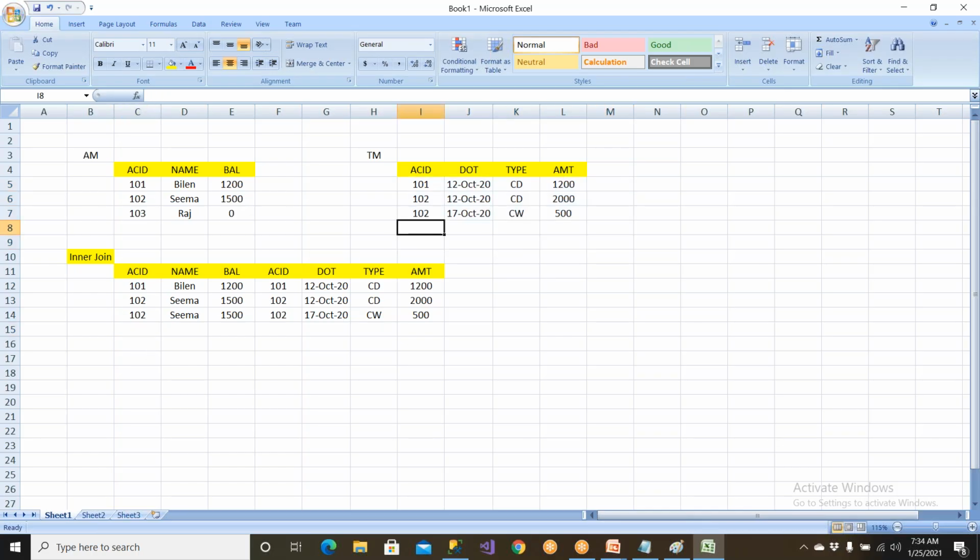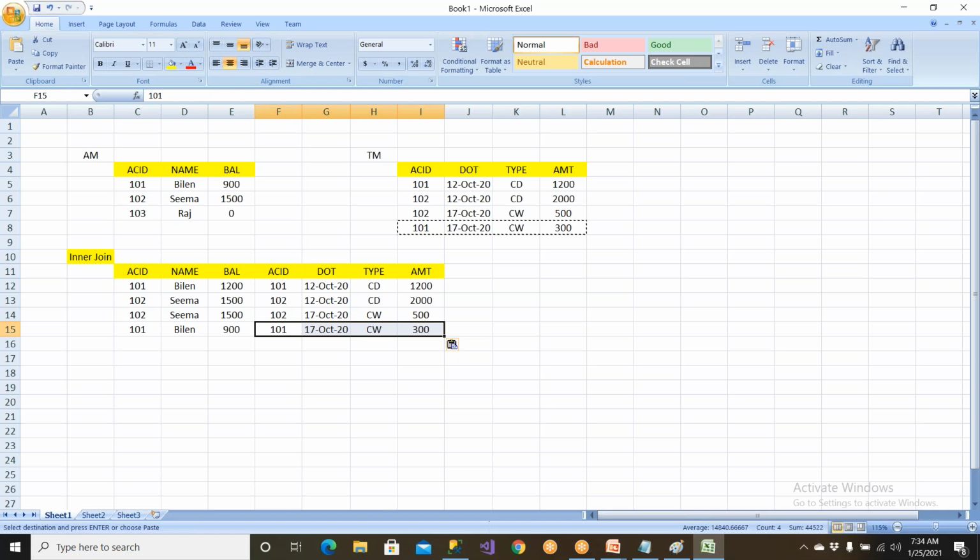If you have one more record, 101 has done, again, some cash withdrawal of, let us say, 300, billion. So it is 900 now. So what will happen? Again, we are going to be getting this record plus this record is going to come. So like that, you should be able to see that data.